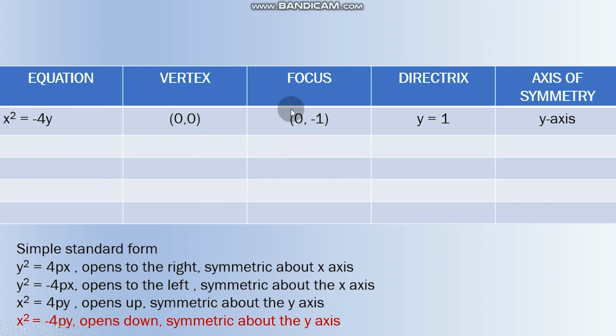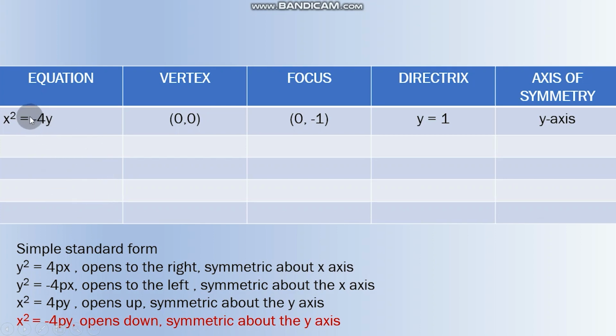Ngayon, paano ko nakuha yung focus? The focus can be computed using yung 4p. Ngayon, for me, hindi ko muna iniintindi yung negative because the negative sign here indicates lang kung saan siya nag-o-open. So, since negative yung given sa atin, we know now for a fact that it opens downwards.